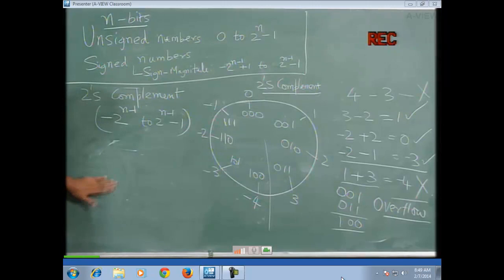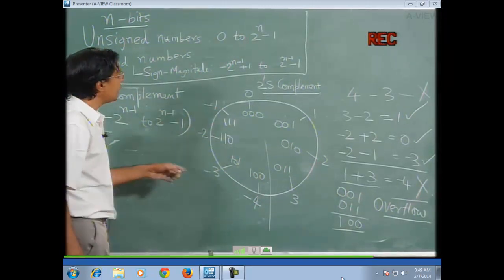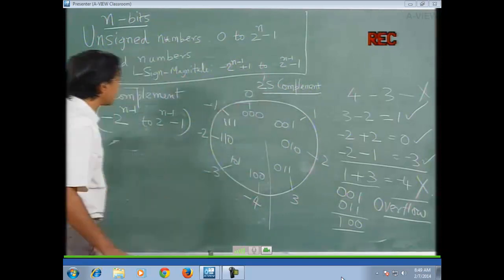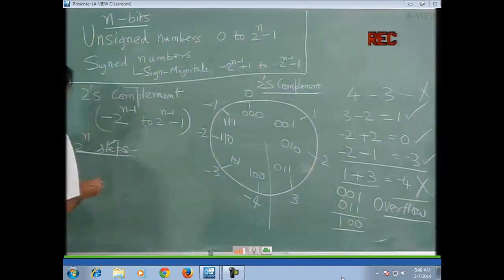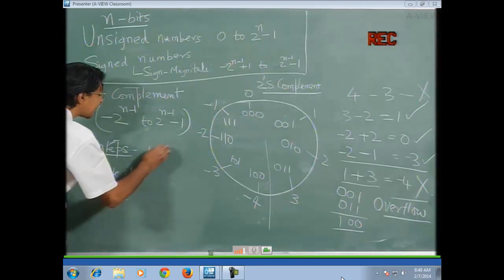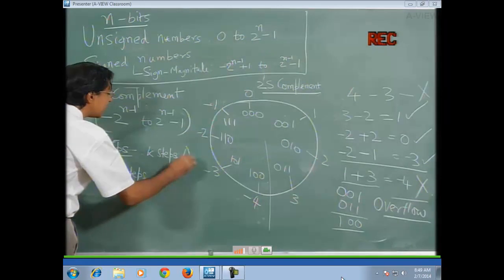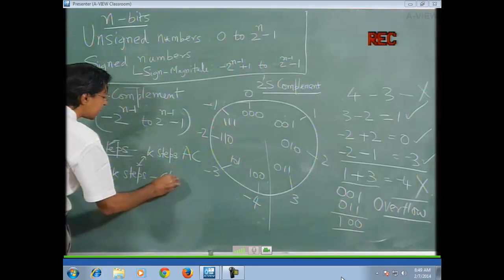Why is this called 2's complement? Please understand, the cycle has how many steps? 2 power n steps. And I said instead of moving k steps anti-clockwise, I can move 2 power n minus k steps clockwise.